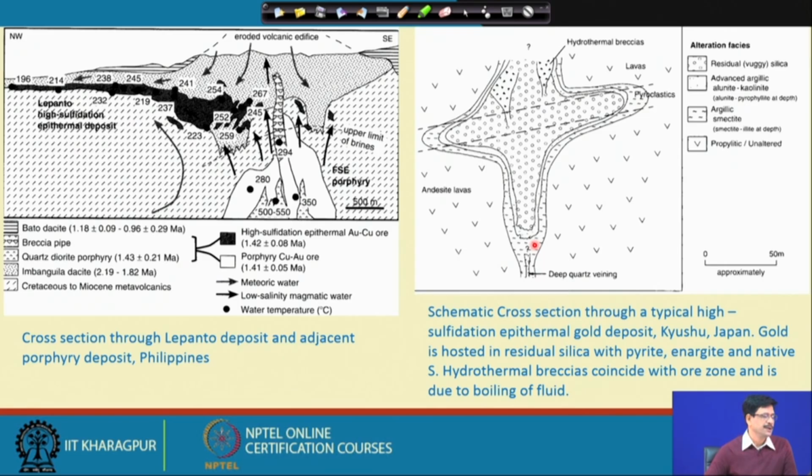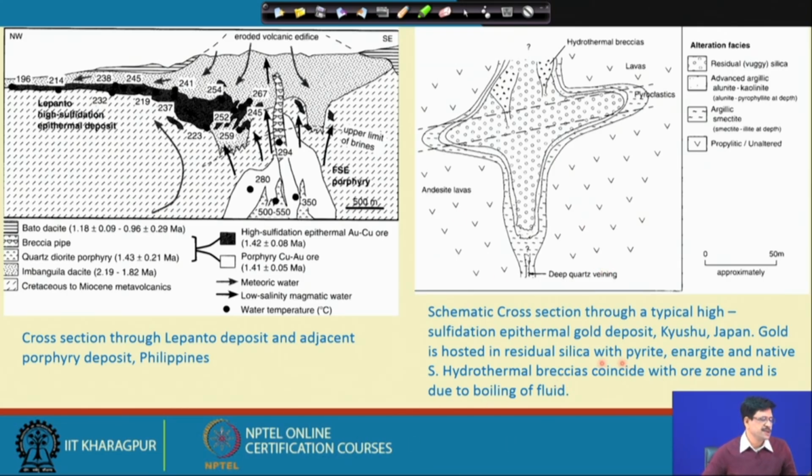So they are very much typified by very low pH conditions, giving rise to alunite in the advanced argillic alteration zone.